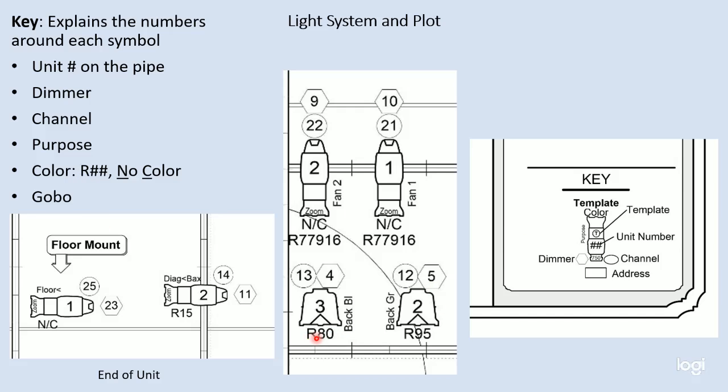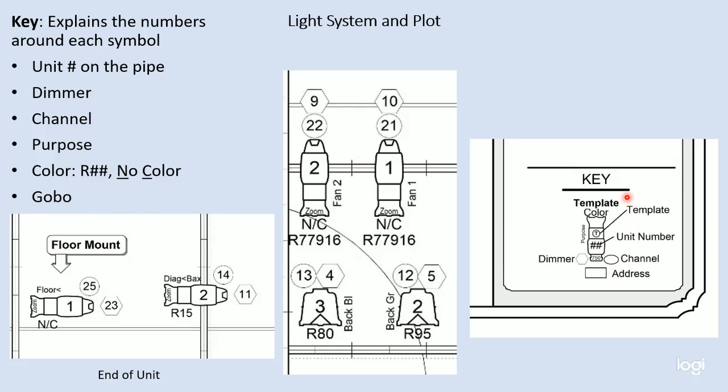So Roscolux 80 is blue, Roscolux 95 is green, Roscolux 15 is yellow. So this is a color designation or a color code. Now lights that don't have color, or if we want them just to be their natural color, are listed as no color or NC, and that's described as N/C or no color.